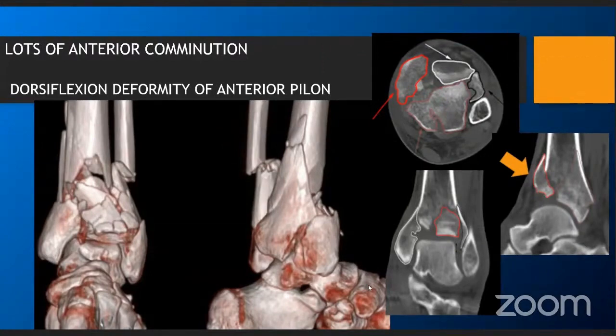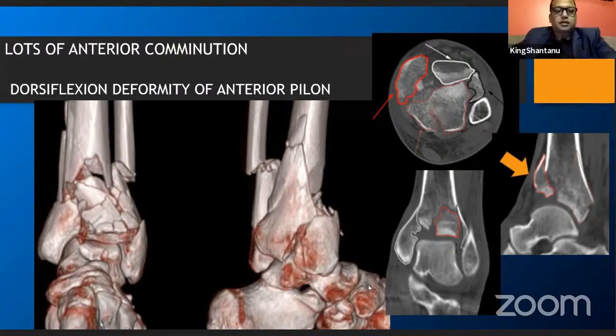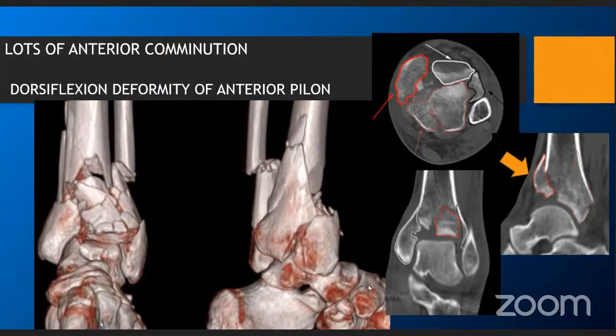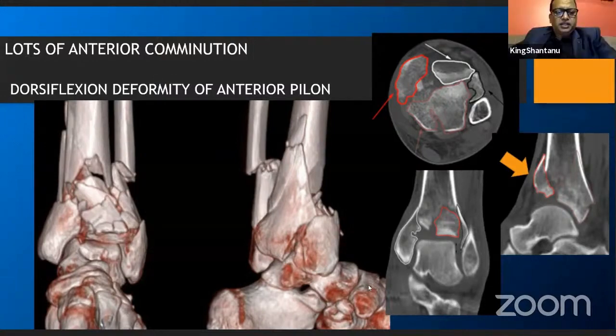May I ask Dr. Anand sir, what will be your approach of fixation, your implants of choice, strategy? Let's start with the fibula first. The fibular length is of paramount importance, as we all know. So we like to disengage whatever fibrous tissue is there.